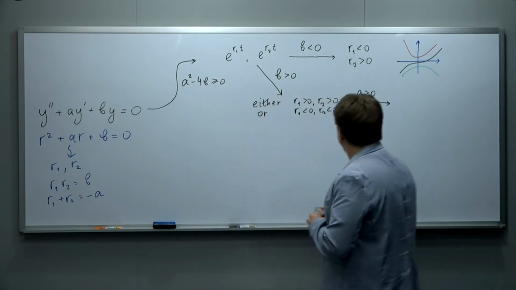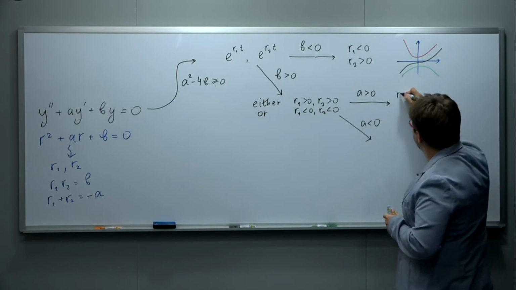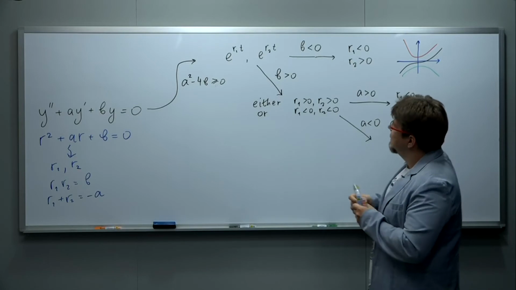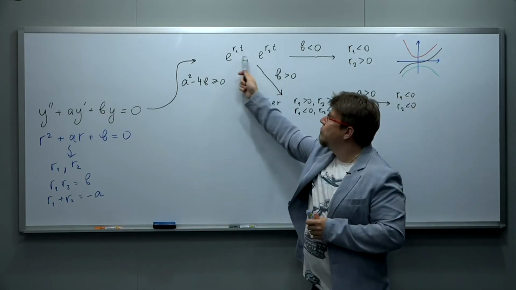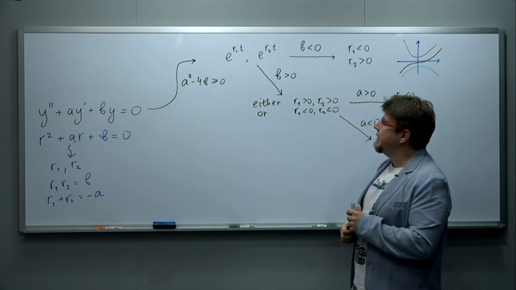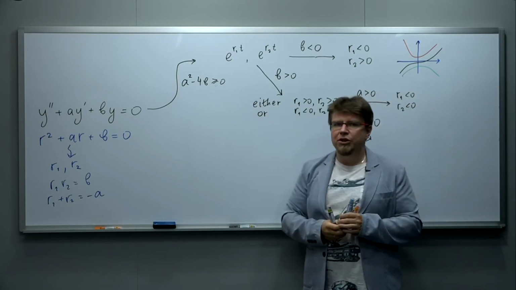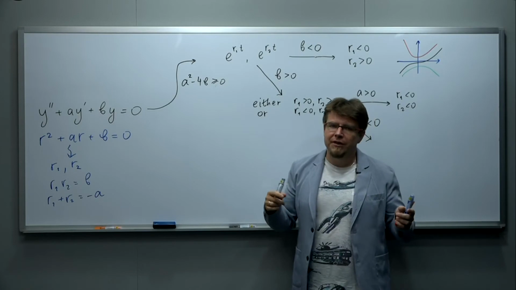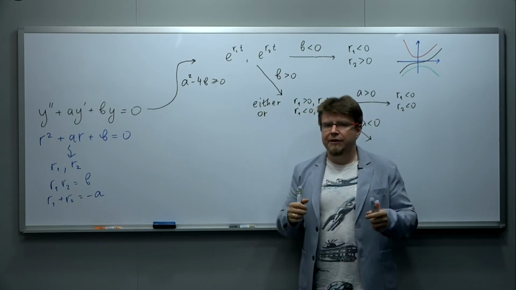So r1 is negative and r2 is negative. Both solutions, e to the r1t and e to the r2t, approach 0 when t goes to infinity, and approach plus or minus infinity when t goes to negative infinity.